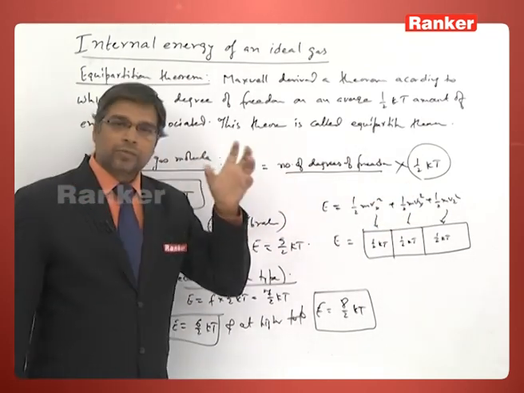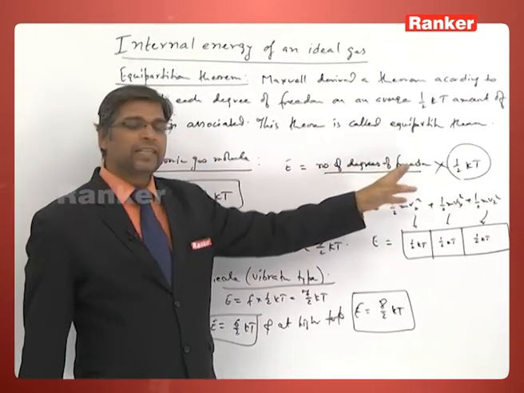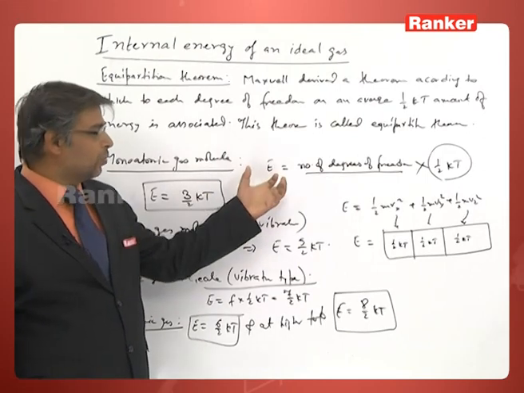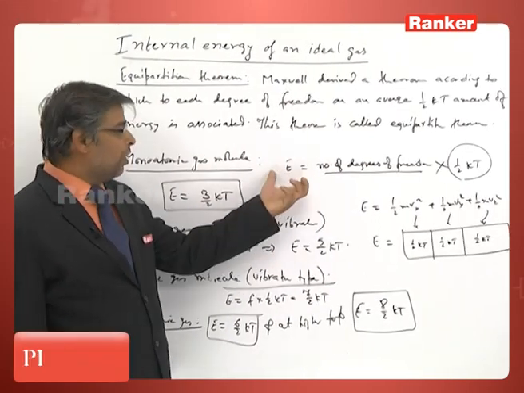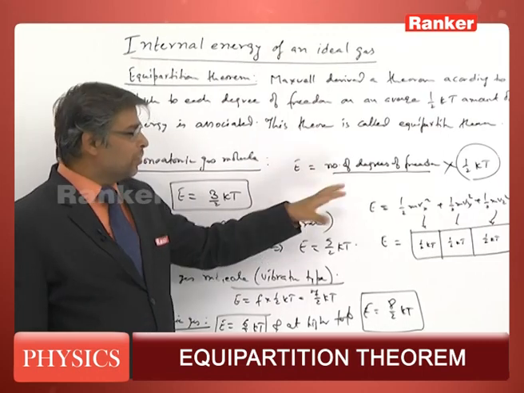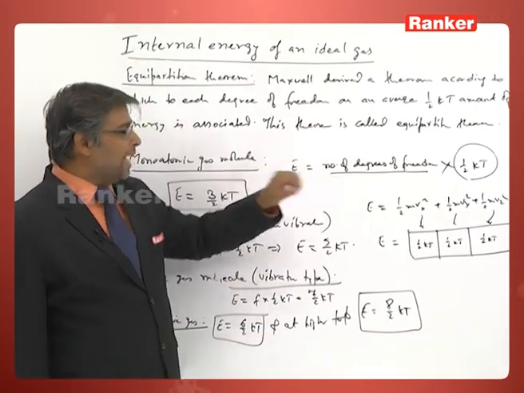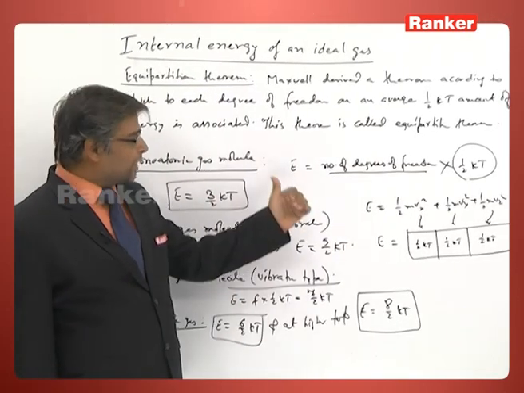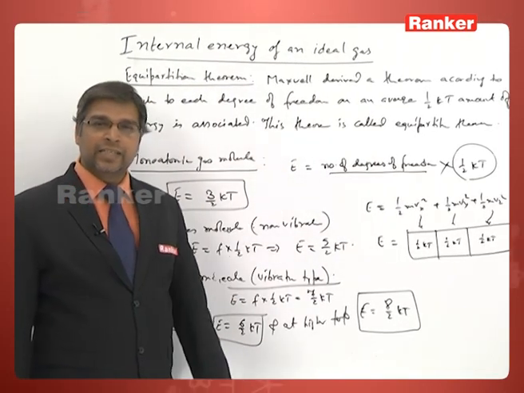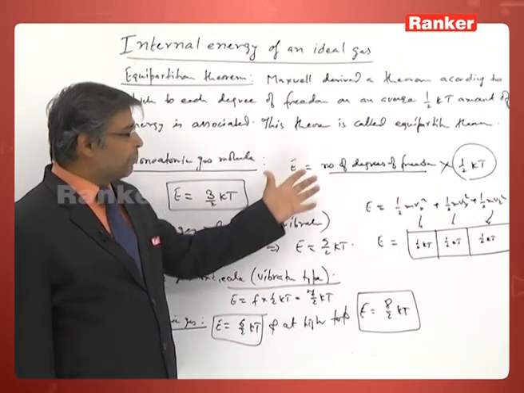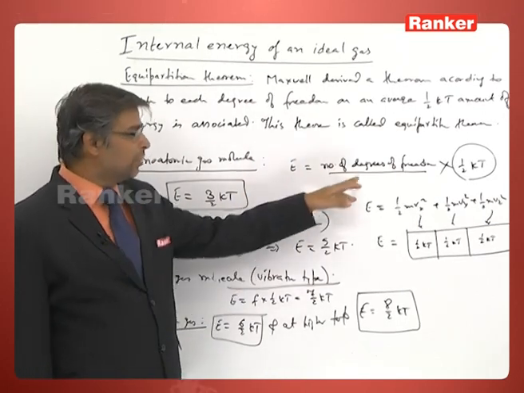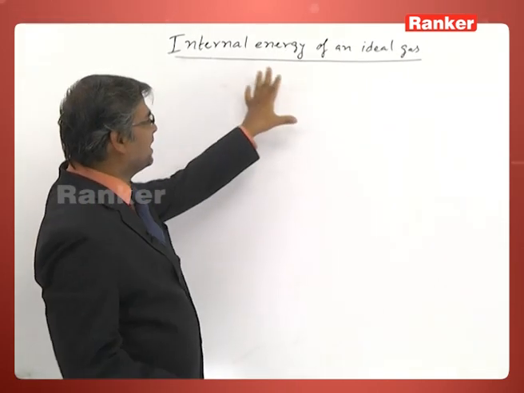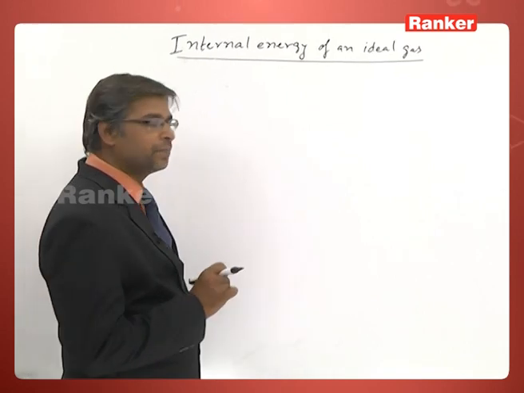More degrees of freedom means more energy. So, now I can relate the total internal energy of a gaseous system with the degrees of freedom with the help of the equipartition theorem. After calculating the internal energy, we will see how the specific heat of the gas will depend on these degrees of freedom. So, now let us come back to our internal energy of an ideal gas.